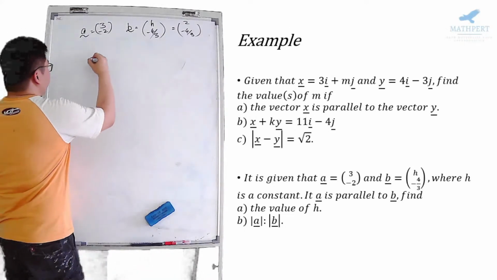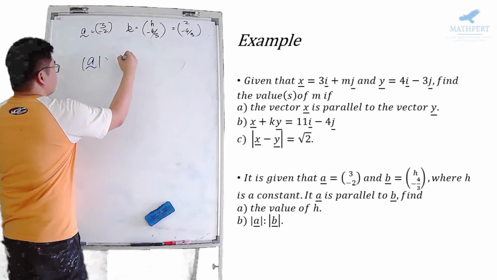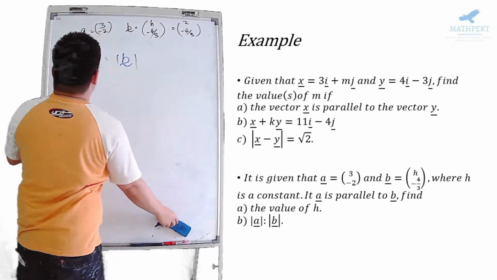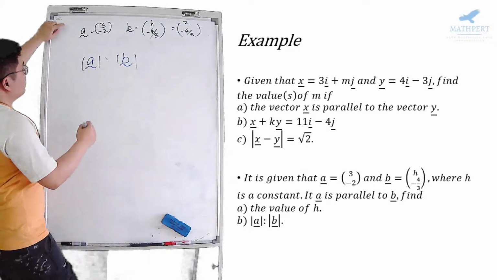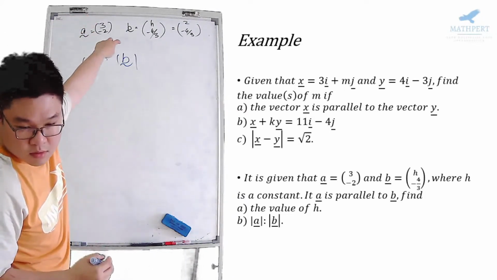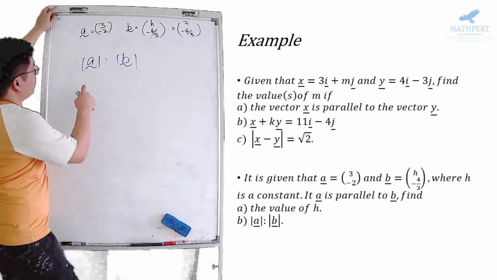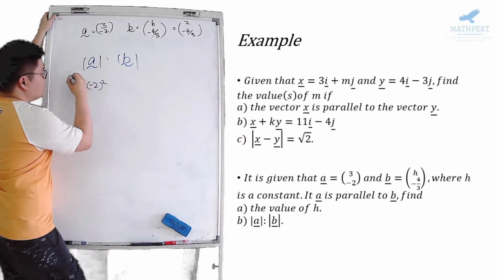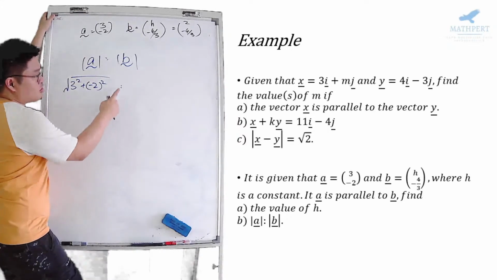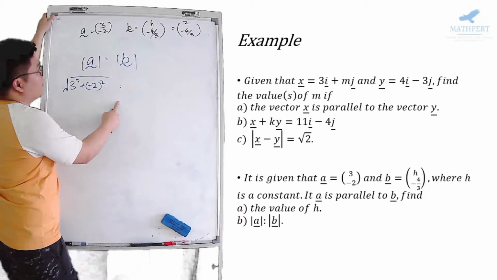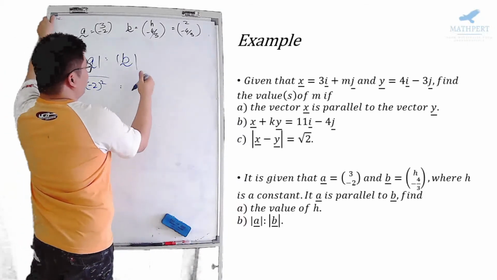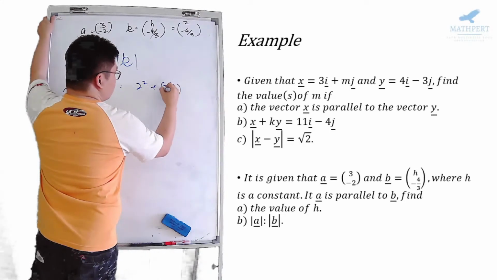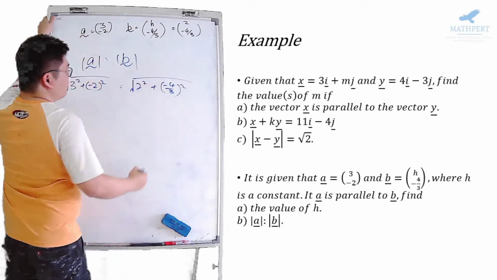Okay, magnitude of A, magnitude of B. Okay, magnitude of A will be 3 squared plus negative 2 squared, square root. Ratio. So magnitude of B will be 2 squared plus minus 4 over 3 squared, square root.